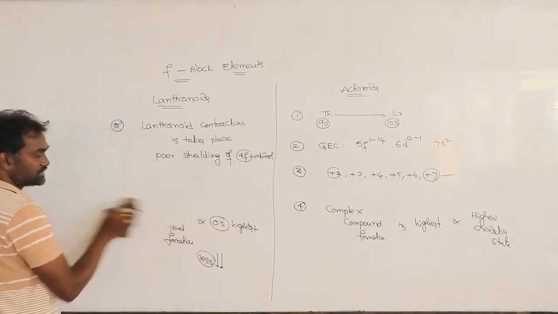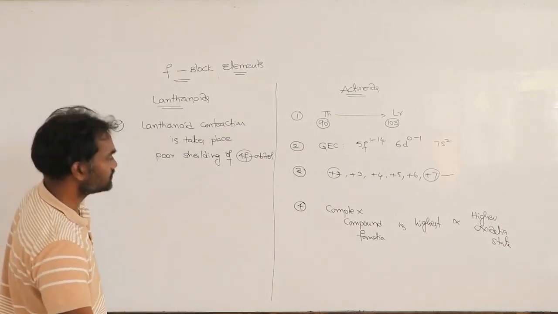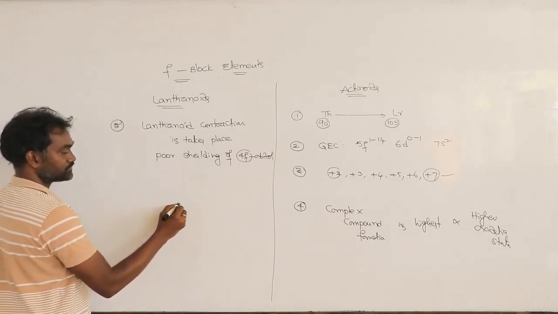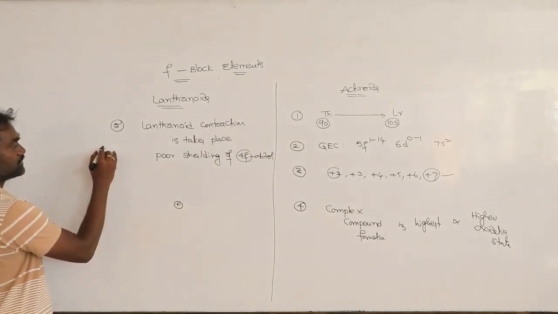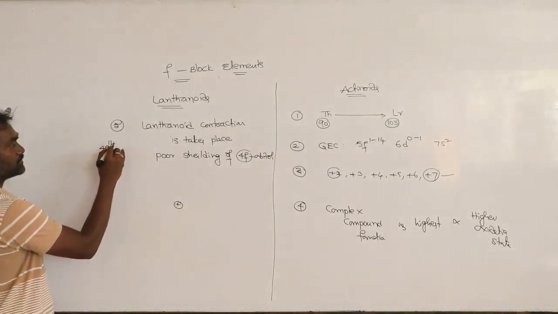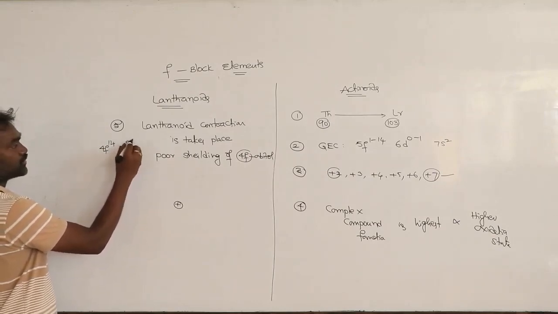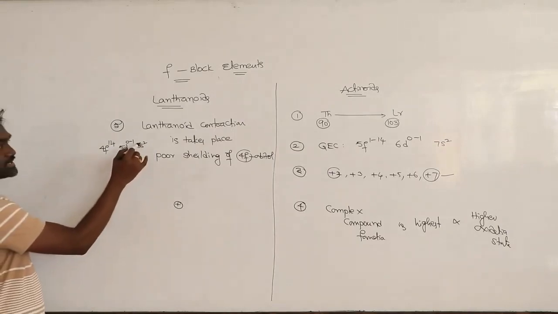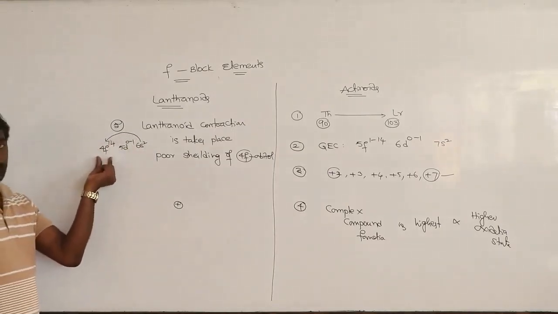See, what is actually lanthanide contraction? I will explain briefly, just observe here. Nucleus is there. The general electronic configuration is 4f14 maximum, next 5d 0 to 1, 6s2. So after filling the 6s2 electrons, the electrons are entering 4f.